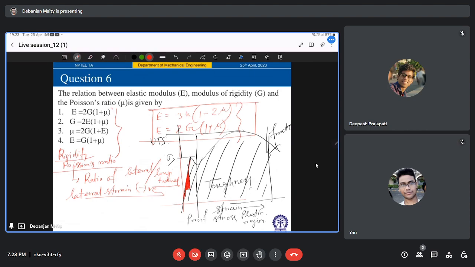Generally, Poisson's ratio varies from 0.25 to 0.35. It can go up to 0.45 for rubber material also. Coming to here, I already mentioned E equal to 2G into (1 plus mu).